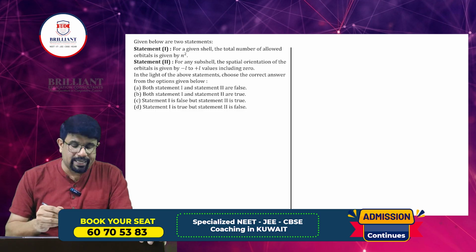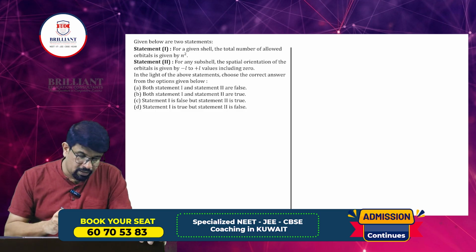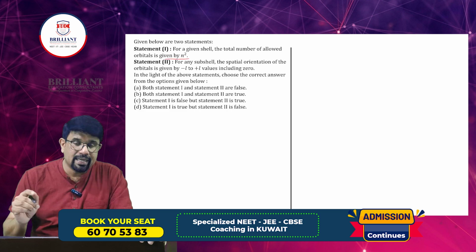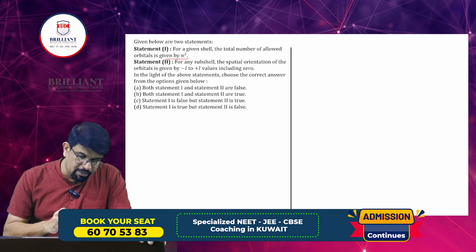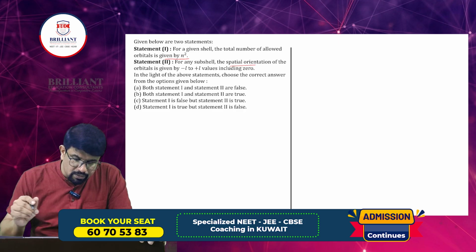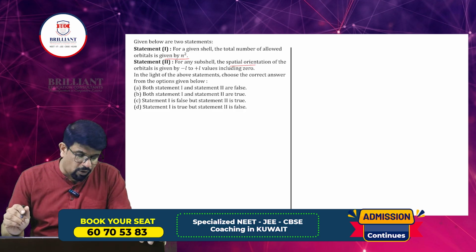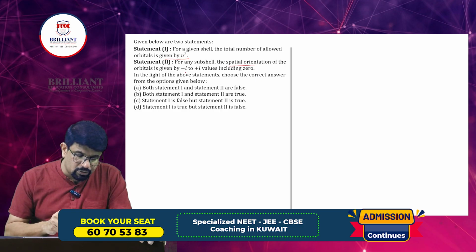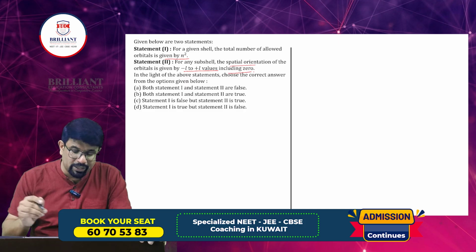Given below are 2 statements. Statement 1: for a given shell, the total number of allowed orbitals is given by n square. Statement 2: for any subshell, the spatial orientation of the orbital is given by minus l to plus l including 0.